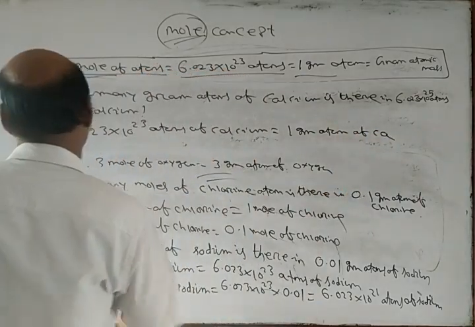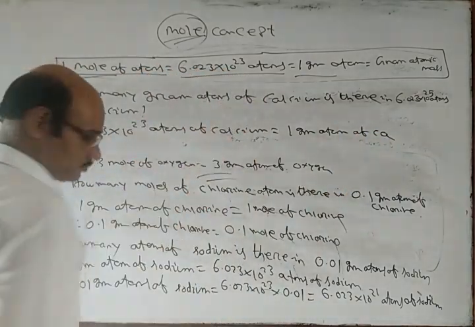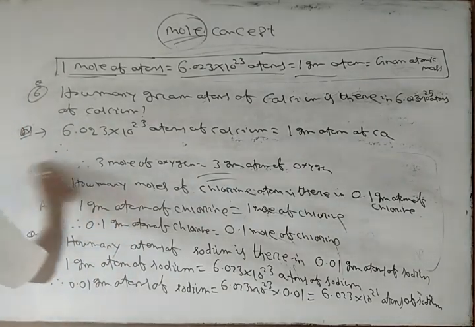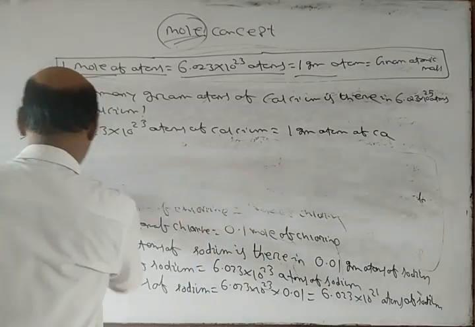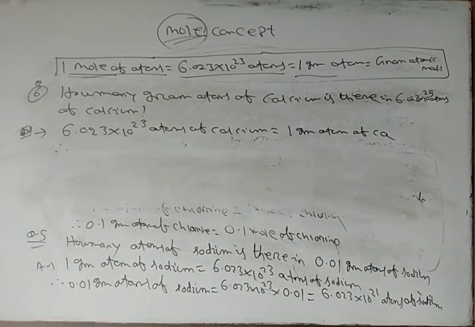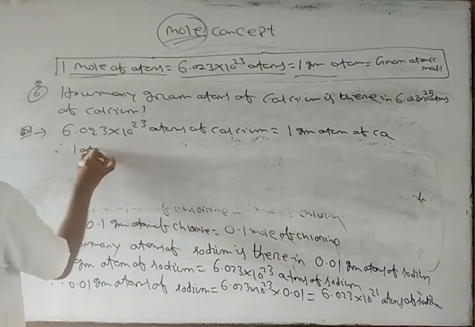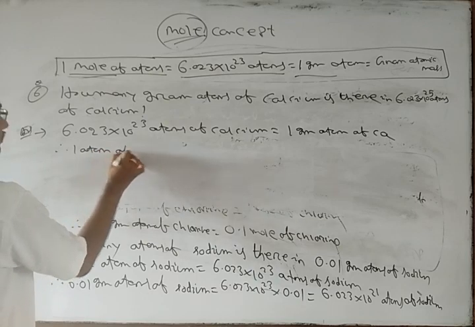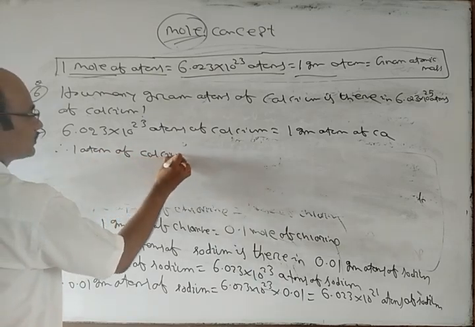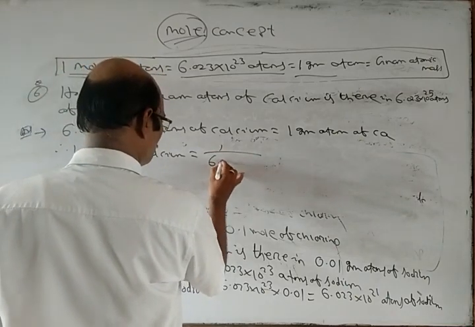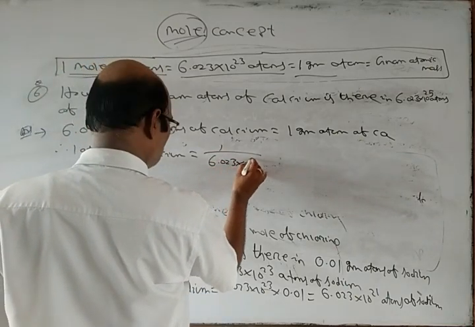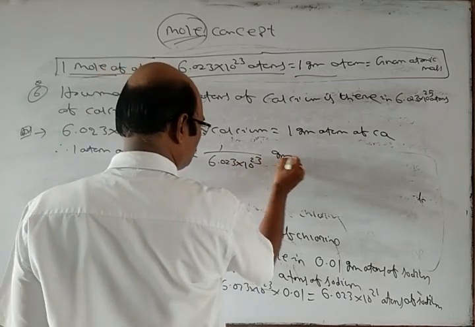Therefore, 1 atom of calcium is equal to 1 by 6.023 into 10 power 23 gram atom.